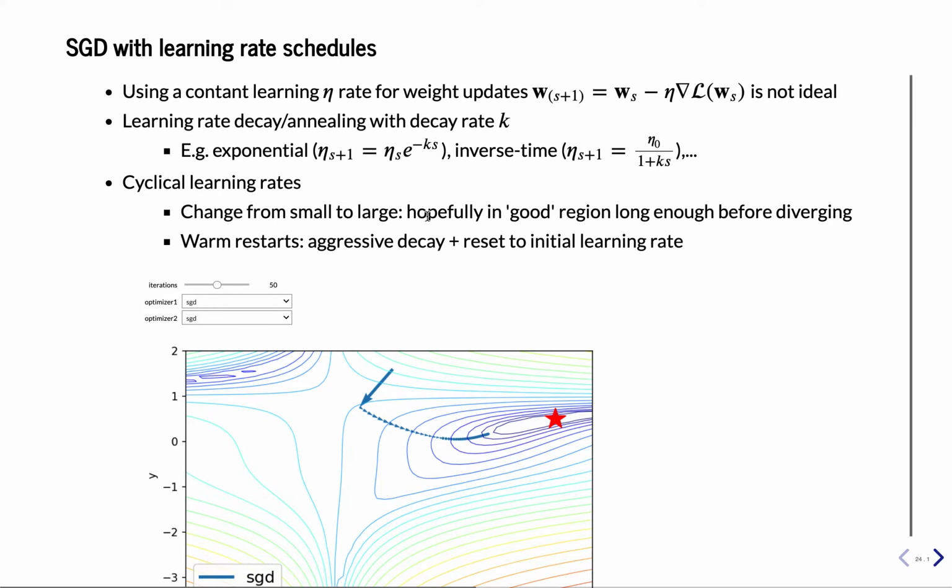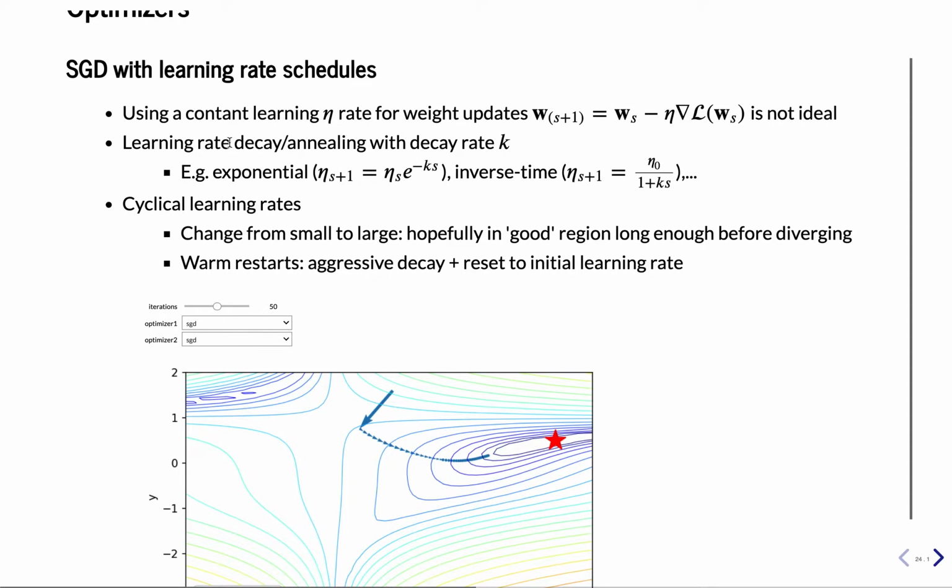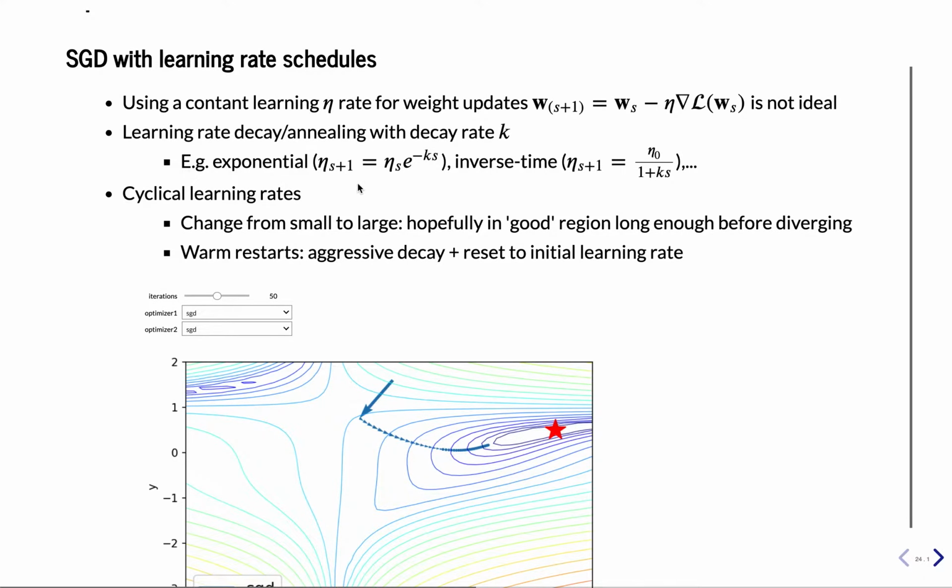So an idea to fix this is to add a decay. You start with an initial learning rate. At any new iteration, you multiply your current learning rate by some factor e to the minus ks. And what this will do is basically exponentially decrease your learning rate.